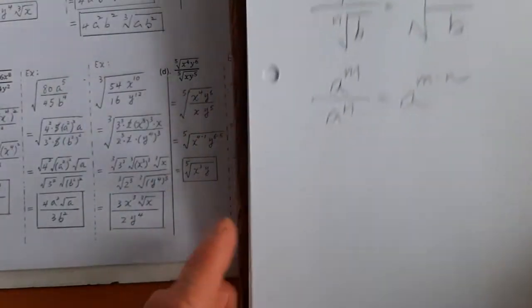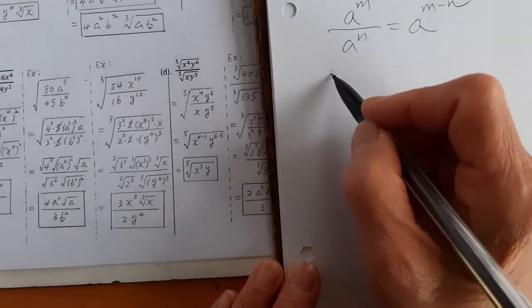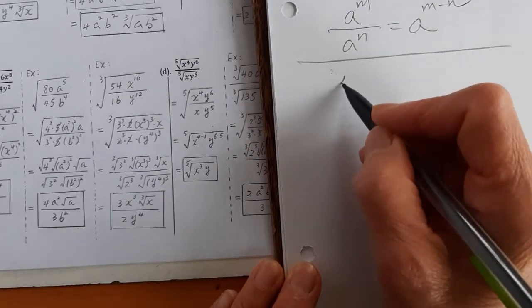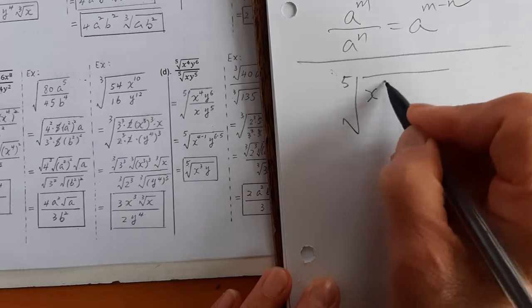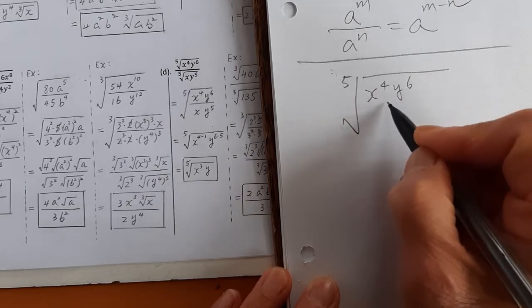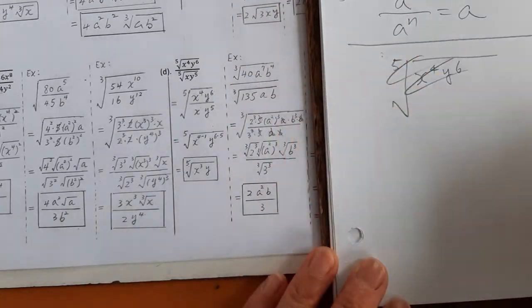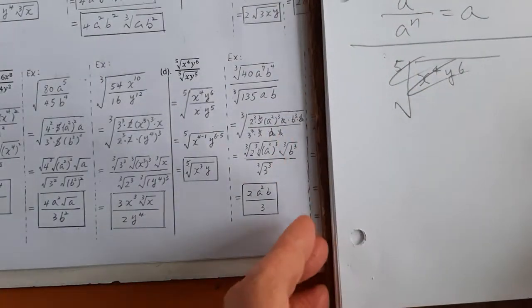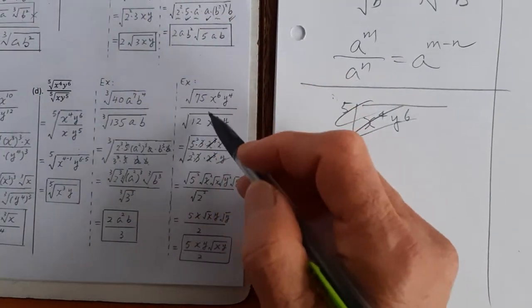Quick way to do, it's... start over. This one, it's fifth root of x to the power 4, y to the power 6. Oh, not that one. This one. So it's this one.